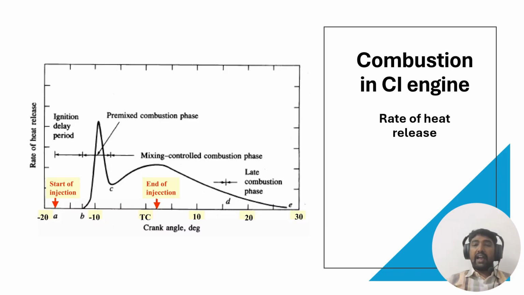Finally, the curve tails off in the late combustion phase. Here the heat release is insufficient as the piston is descending, and it primarily contributes to high exhaust temperature and soot formation.